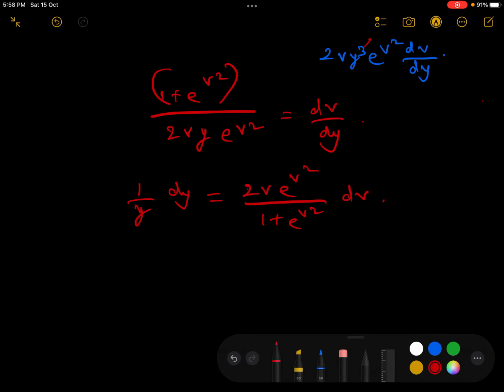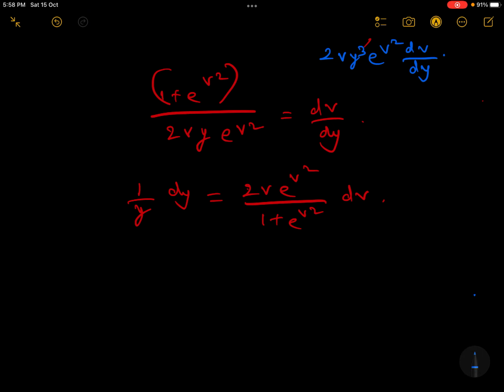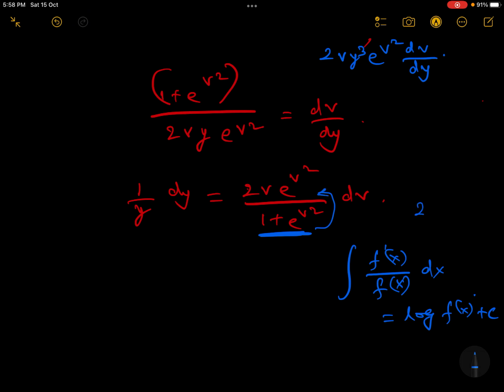Last time also we came across these things already. That is, integral of f dash x upon f x dx will give log of f of x plus constant of integration, of course. So if we differentiate this term, it will appear like this, twice v e^(v square) dv. So let's integrate here.